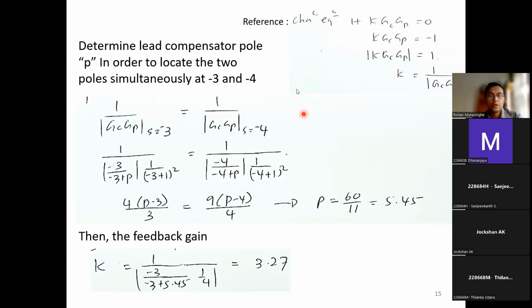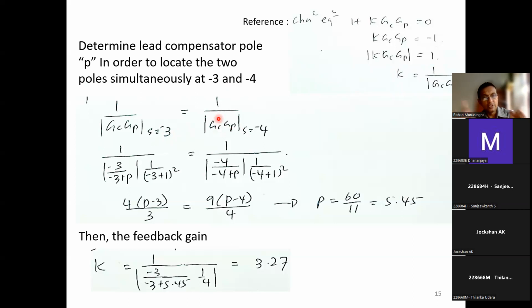Now if you want to set your poles at -3 and -4, you can use this equation. Once for s equals -3, where s is the pole, and the second pole at -4, and then you equate them. They are equal to each other.